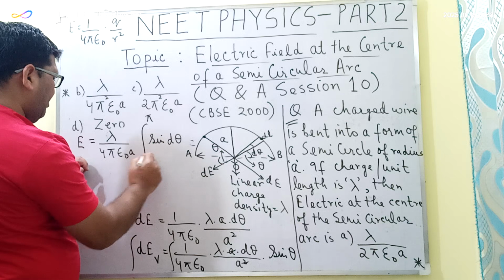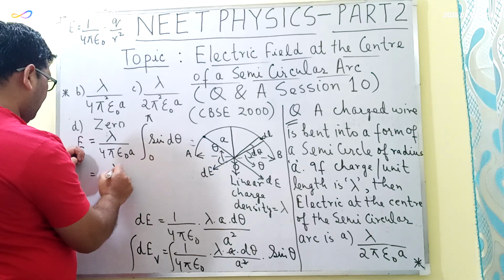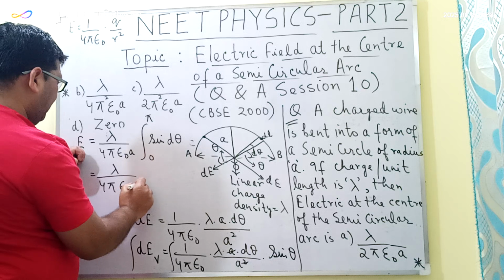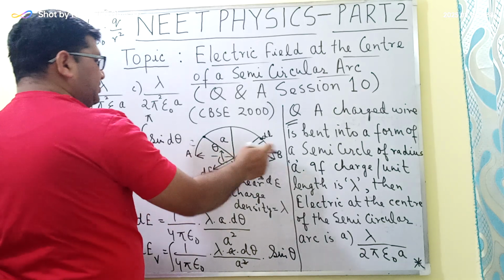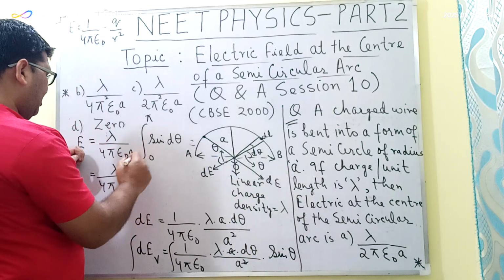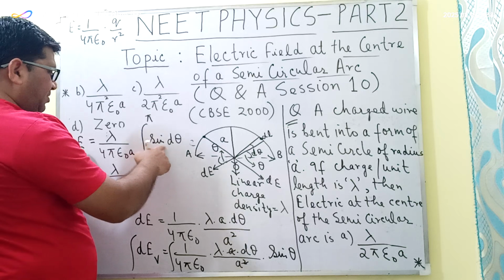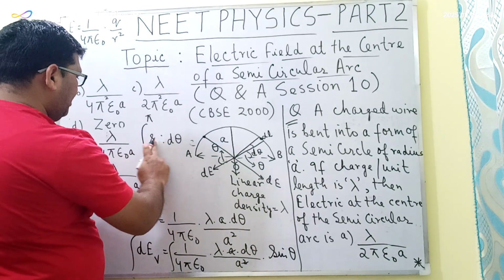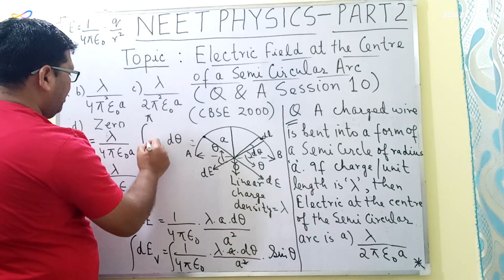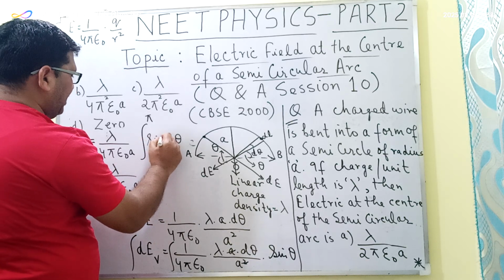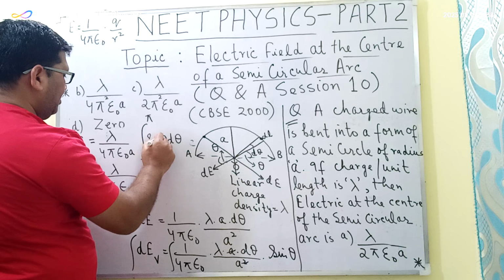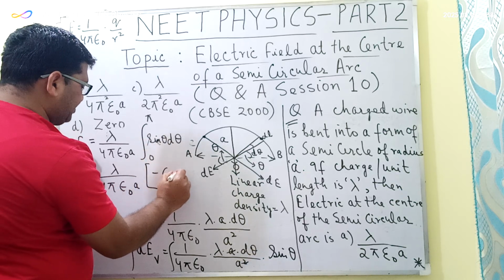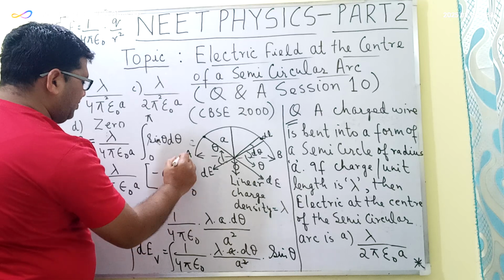So the value of the electrical field intensity at the center of this semicircular arc will be equal to, now the integration of sine theta d theta will be equal to minus cos theta from 0 to pi.